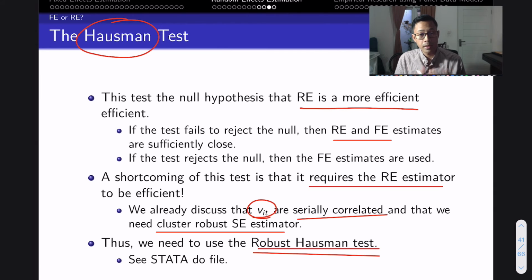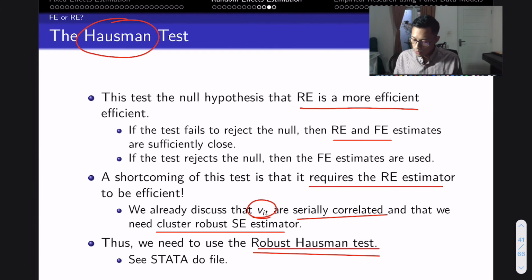What we mean by design is whether the unobserved heterogeneity is correlated with the explanatory variable of interest. If so, then fixed effect is going to be more desirable, but if it's not correlated, the random effect is going to produce a more efficient estimate. So that's something we have to take into account. We just can't say, let's see what the Hausman test tells us and choose whatever estimate you think is best. That's not the case. We have to start from the design.